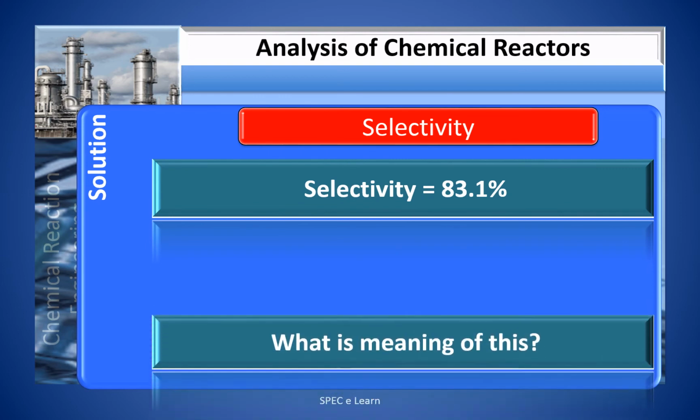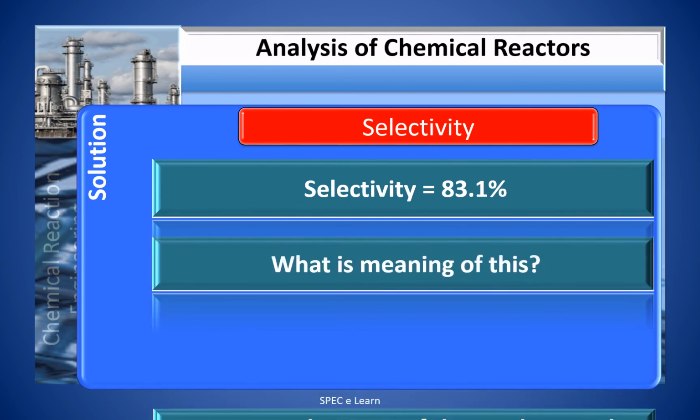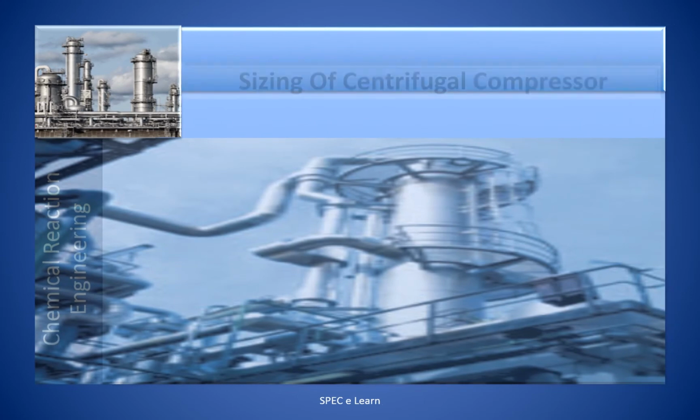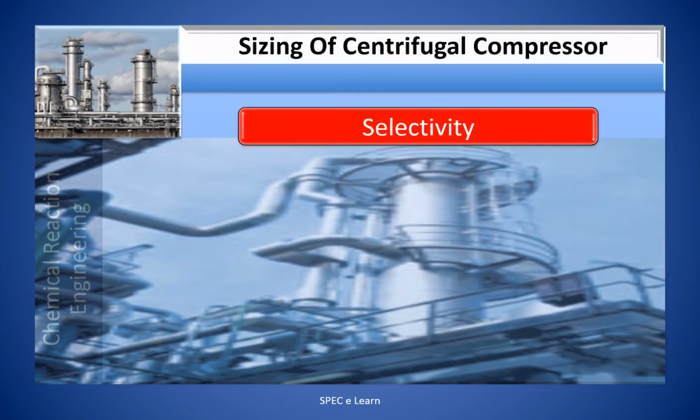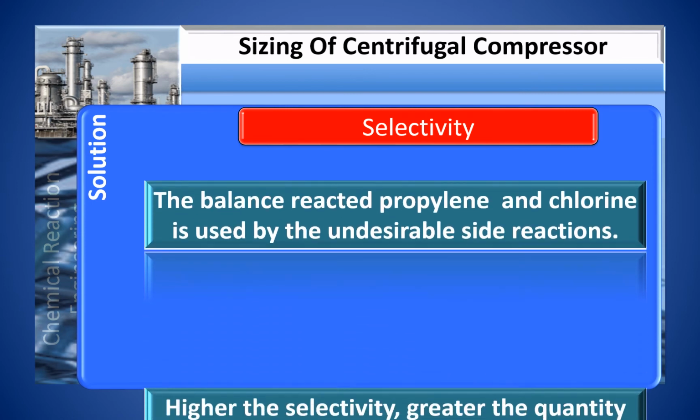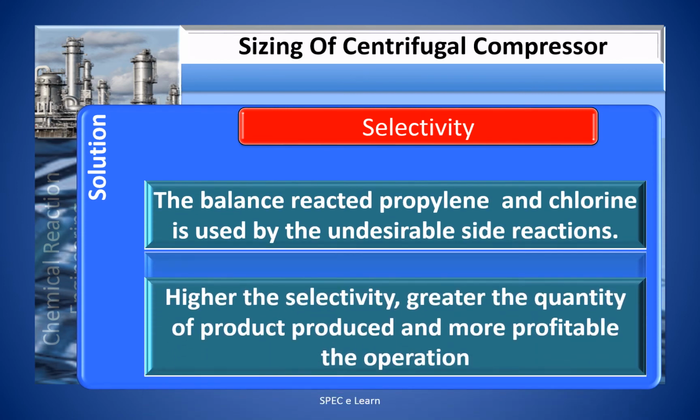What is the meaning of this? It means only 83.1% of the products is the main product allyl chloride. The balance of reacted propylene and chlorine is used by the undesirable side reactions. The higher the selectivity, the greater the quantity of product produced and the more profitable the operation.